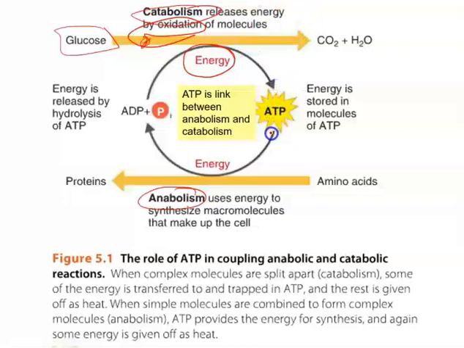The high energy bonds of ATP are broken to release energy that drives anabolic and general reductive processes. So we take small molecule precursors and we build them into large macromolecules.